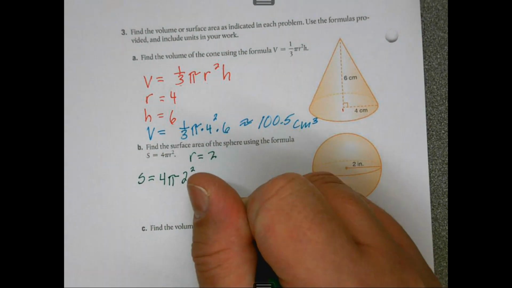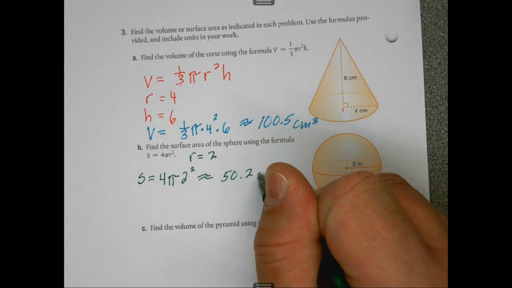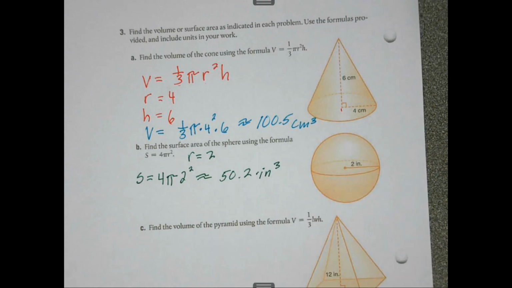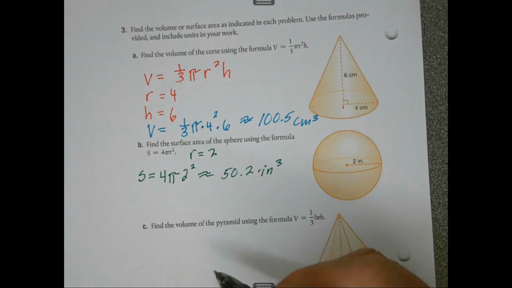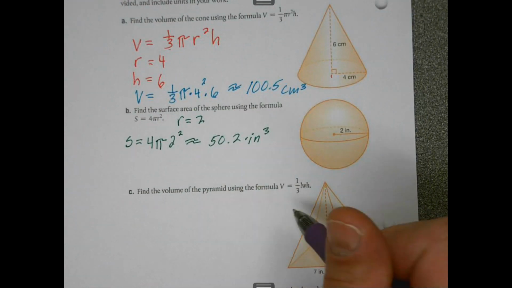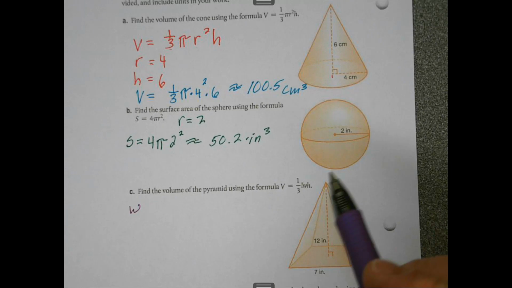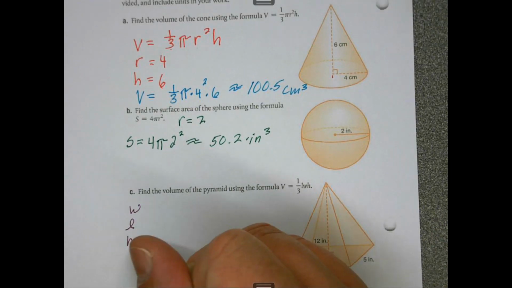And the last one, let's see, I need my W and I need my, oh, I forgot the L, and the H. Width is, and it doesn't matter which one I call length or width, 7, 5, 12.